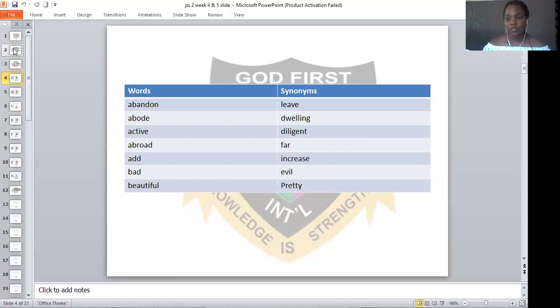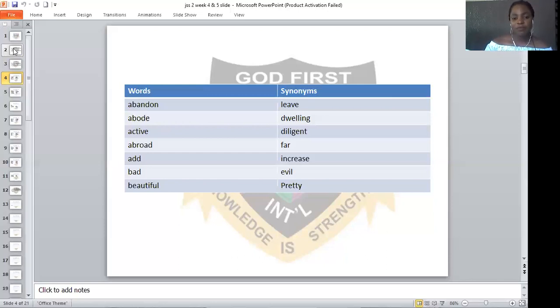This is where I live, this is where I stay. So abode means dwelling. Another word is active. What does it mean to be active? It means when someone is alive, someone can multitask and all that. So it means to be diligent. The synonym for active is diligent.